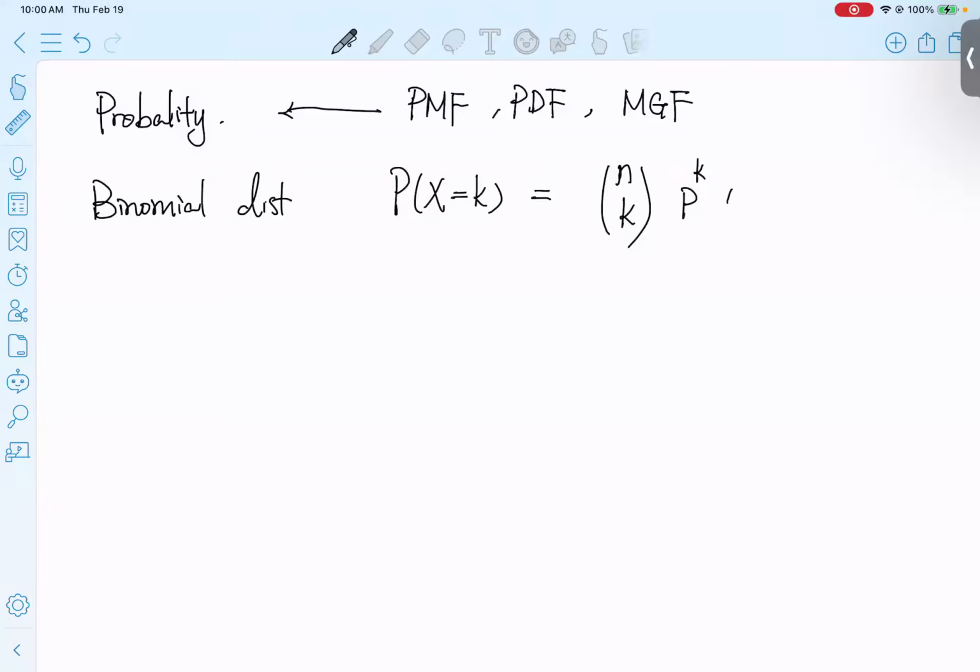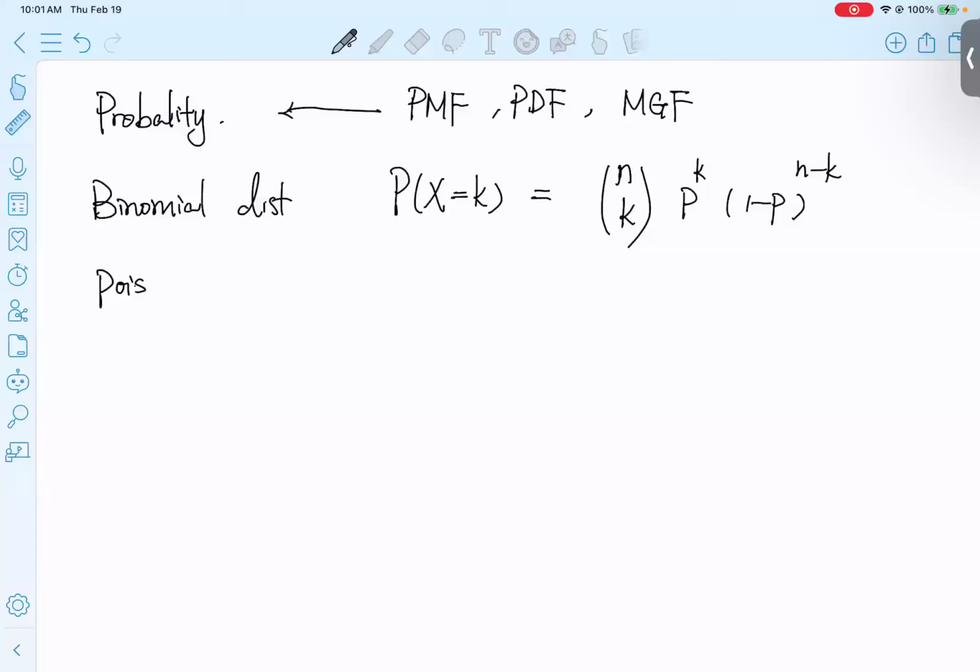Similarly, you have 1 minus p to the power n minus k for the failure case, the case of landing on tail. So we built a table and reinvented from scratch this probability mass function, a function that can describe that kind of random behavior.